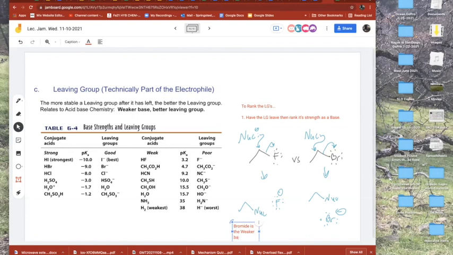So if it's a weaker base, it's more stable, and the better leaving group. The more stable is the way I like to think of it. If it's more stable, what that tells me is that when it comes off, it's happy to be off. And so it's a low energy thing.